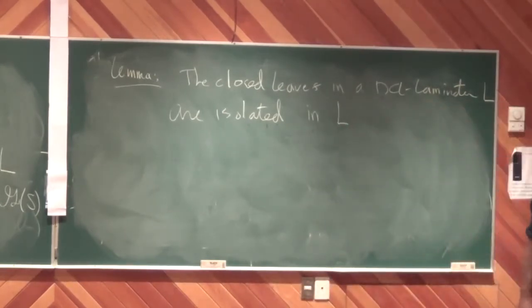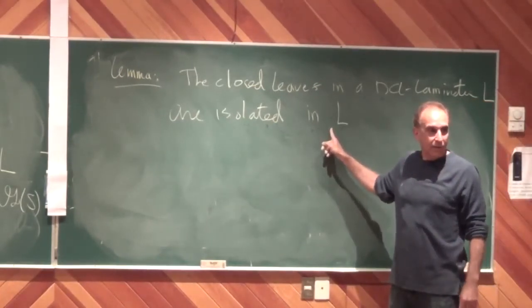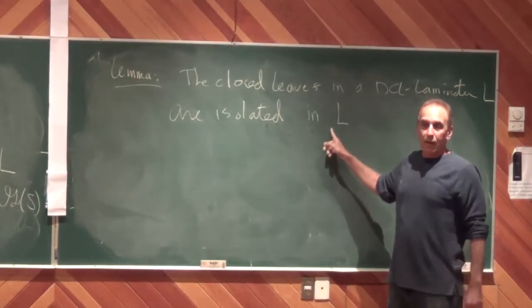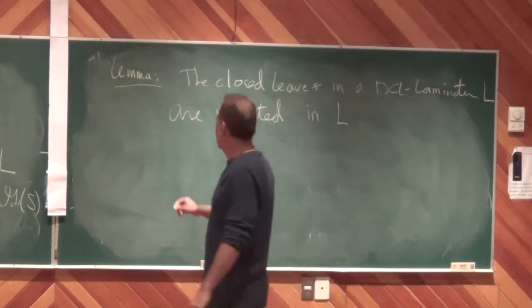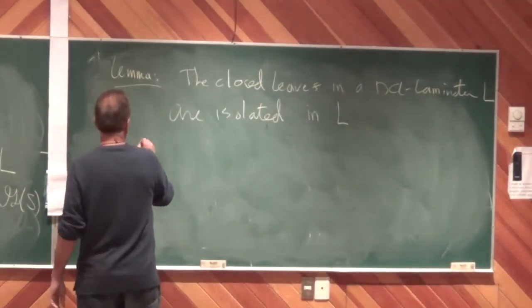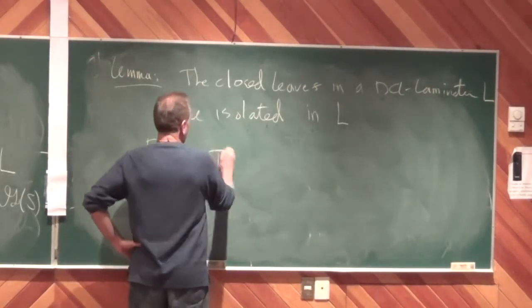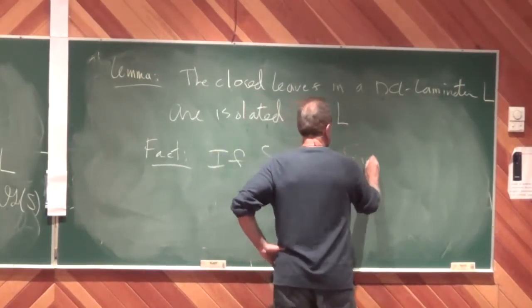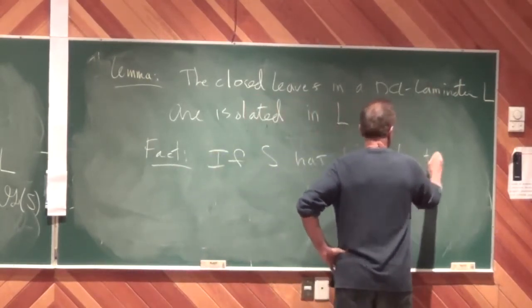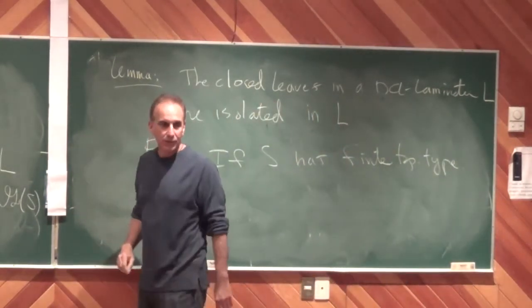And that's for any infinite type, any hyperbolic surface. Now if we go to finite area, or finite topological type, if all the closed leaves are isolated, so using the lemma, if S has finite topological type, the DCL laminations are just unions of closed geodesics.